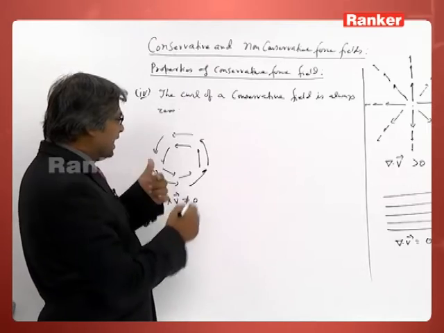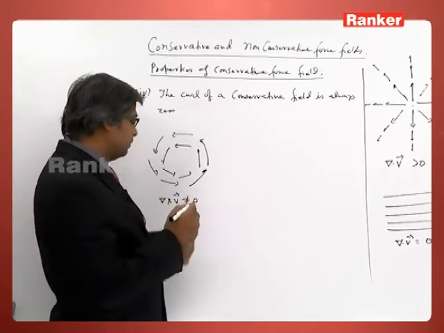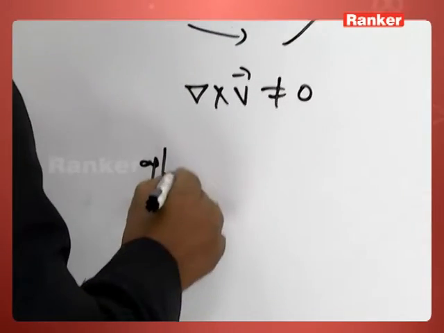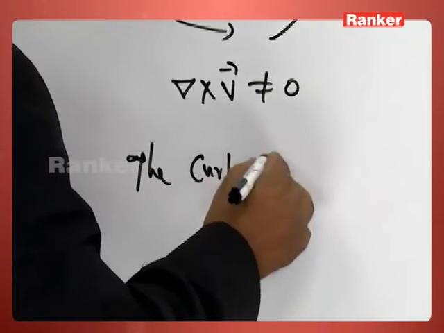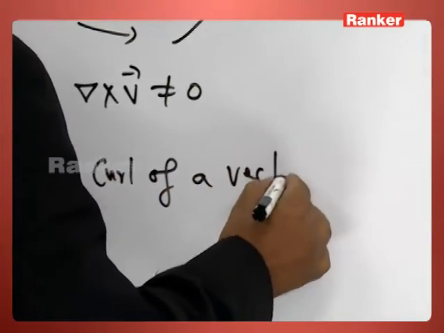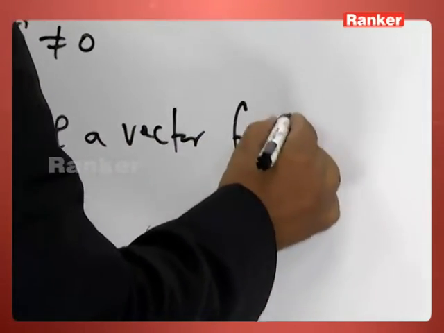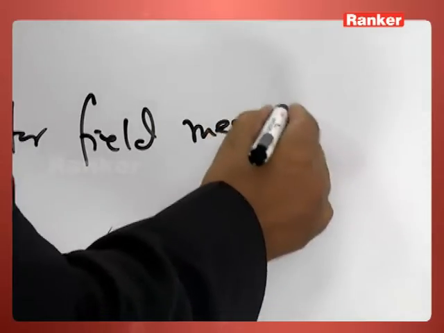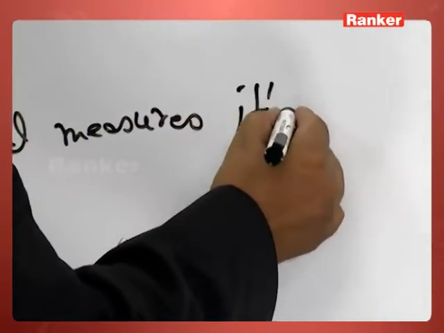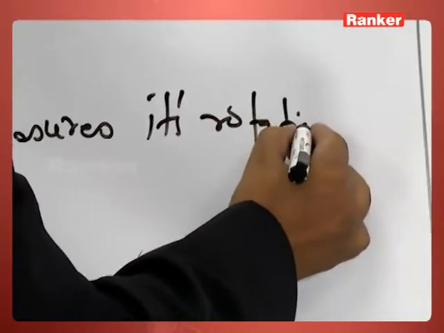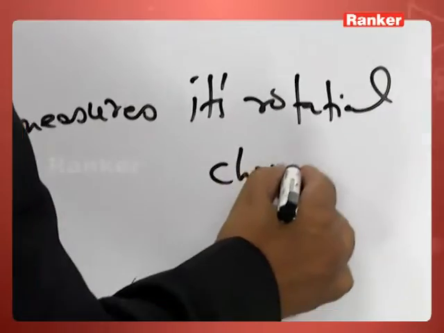So the curl of a vector field measures its rotational character.